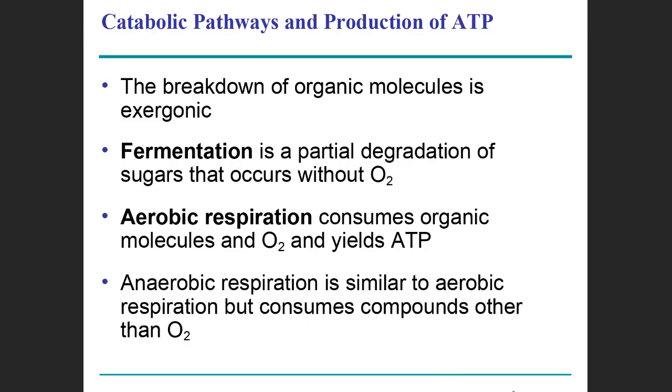As that oxygen accumulated in the atmosphere, microorganisms evolved to be able to use that oxygen to make even more ATP. And with all that extra ATP, cells started to associate together and form the first primitive animals, because you need a lot of ATP in order to make a complex multicellular organism.